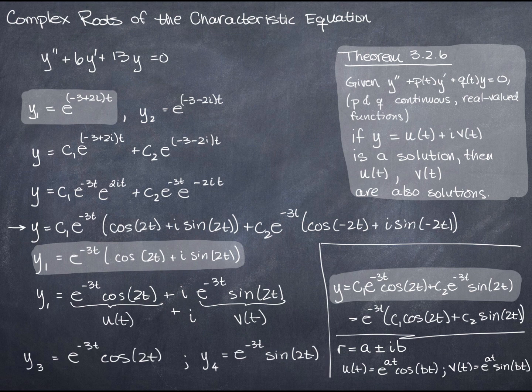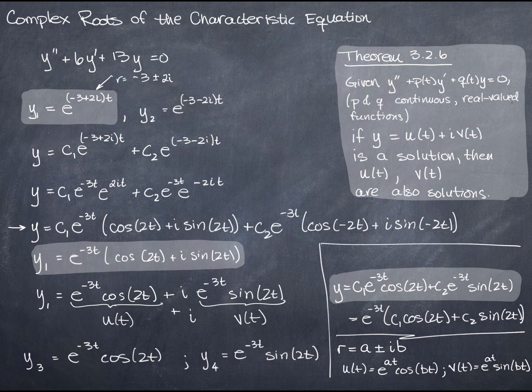And that is exactly what we got. Here, y is equal to e to the at. My roots were r equals -3 plus or minus 2i, right? Those are the roots of the characteristic equation.